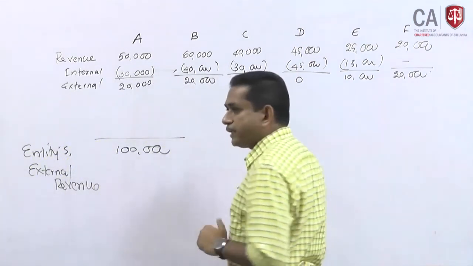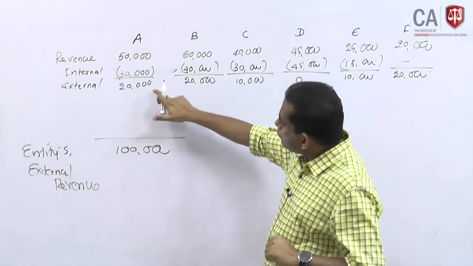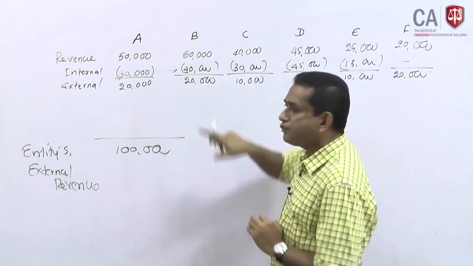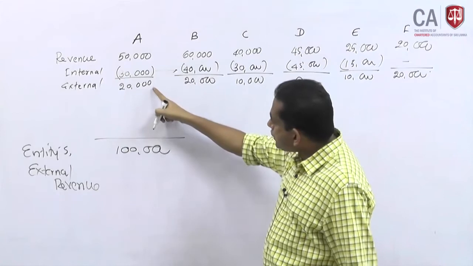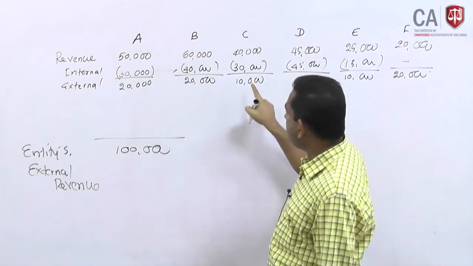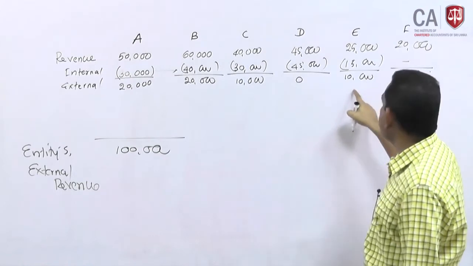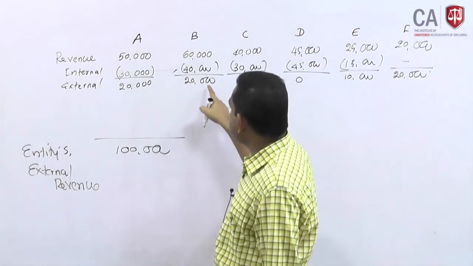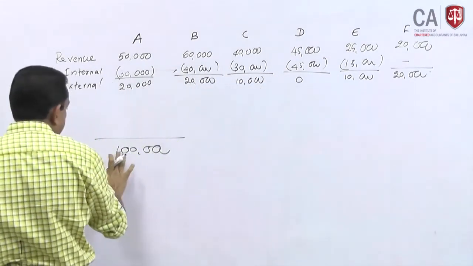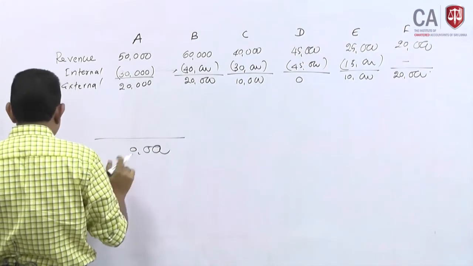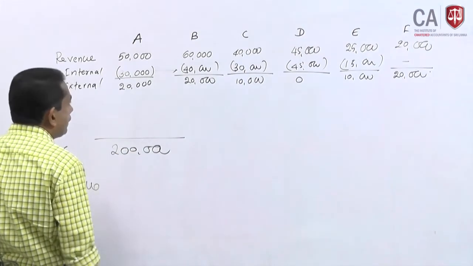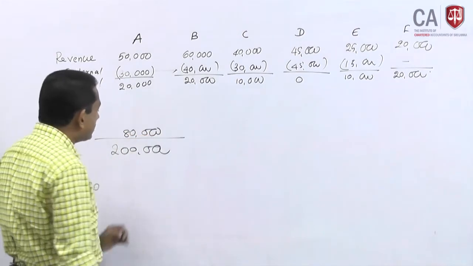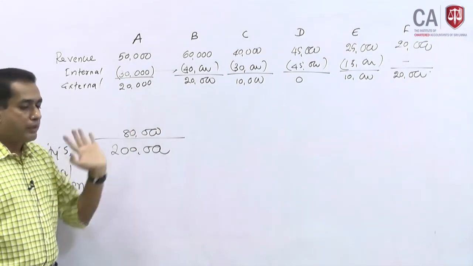Of this, how much is reported in the identified reportable segments? A has 20,000, B has 20,000, C has 10,000, E has 10,000, F has 20,000. Total, this is 30, this is 40, this is 60 and this is 80. So 80,000 of the 200,000 external revenue is reported in these identified reportable segments.